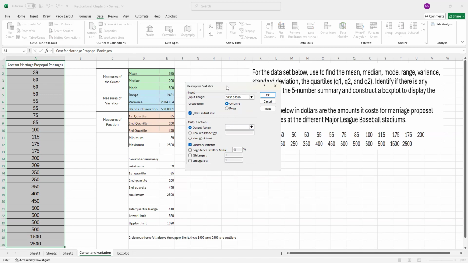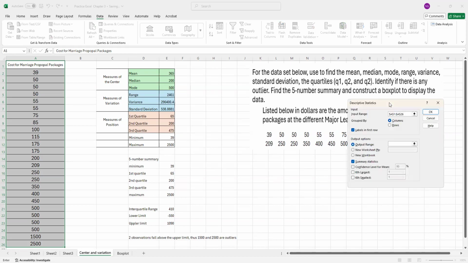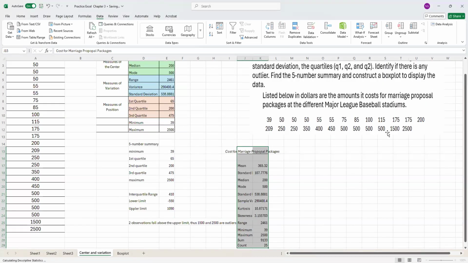I can choose to do it in this sheet or put it in a different one. I'm gonna keep it in here. Then I need the summary statistics. This is the only thing I check. I don't check anything else. And I hit OK.